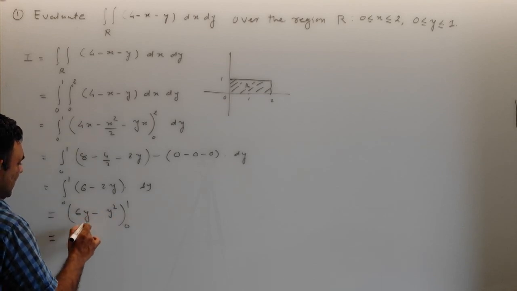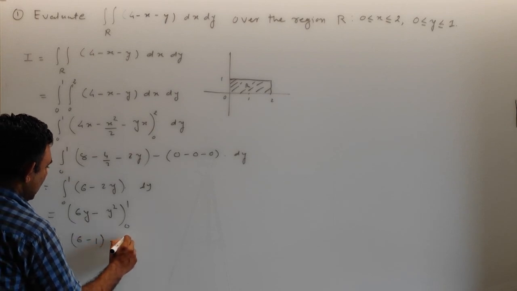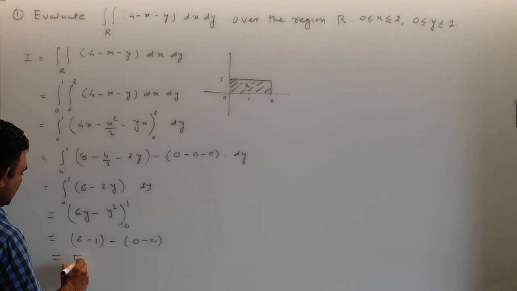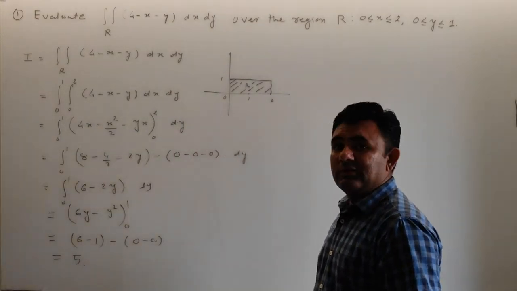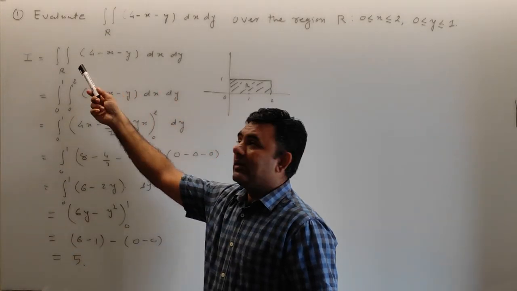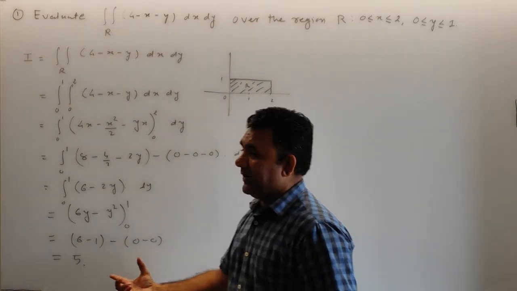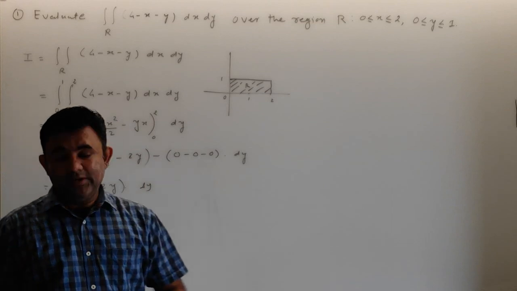Replacing y by 1, the upper limit, it is 6 minus 1, and at 0 it is 0, so the final answer is 5. So the integration of the function 4 minus x minus y over this region R is 5. This is a very simple example of multiple integral.